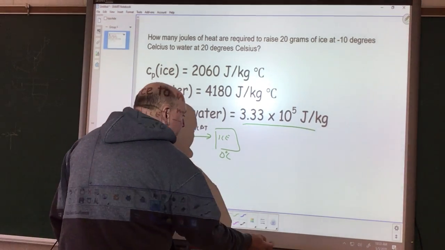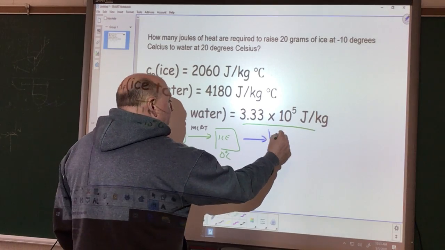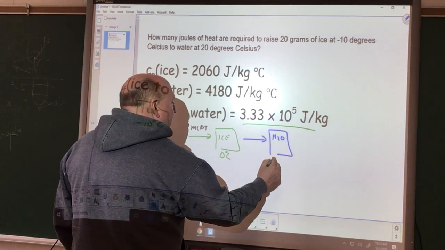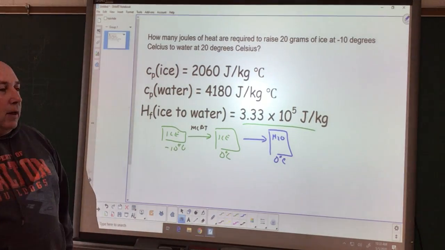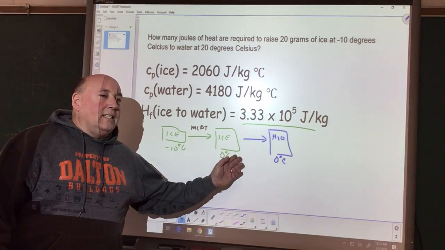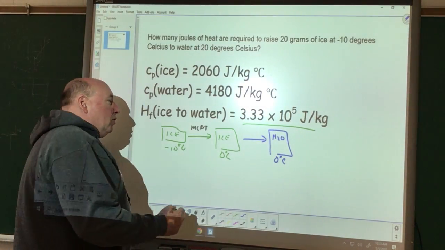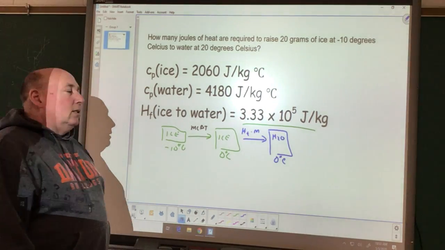From that, we have to go from ice at 0 degrees Celsius to water at 0 degrees Celsius. And we do that with our heat of fusion times our mass.